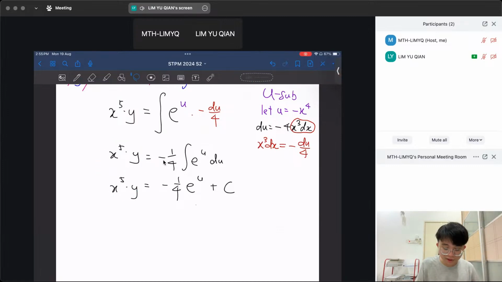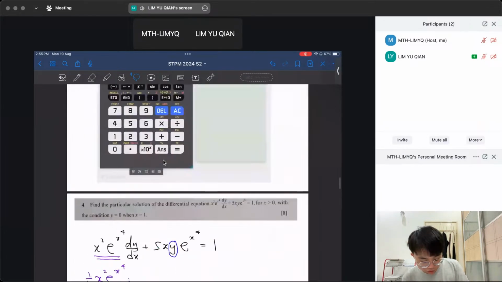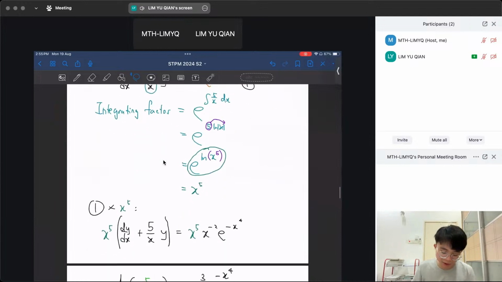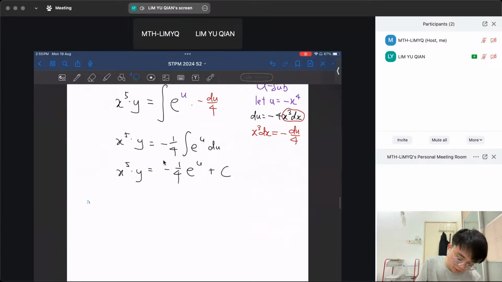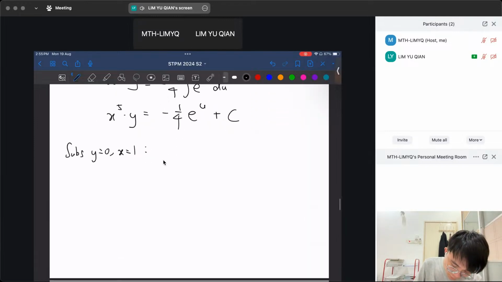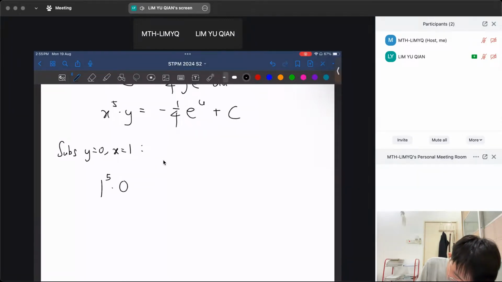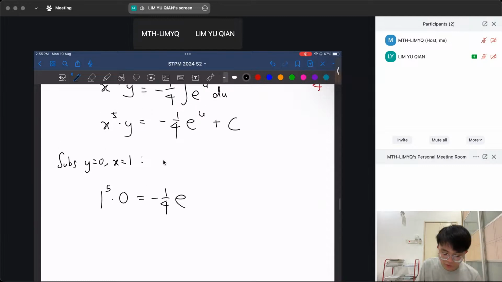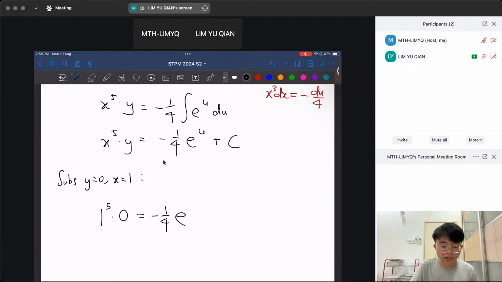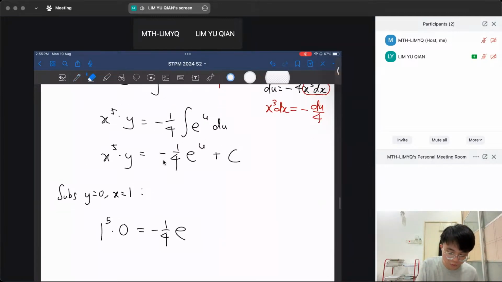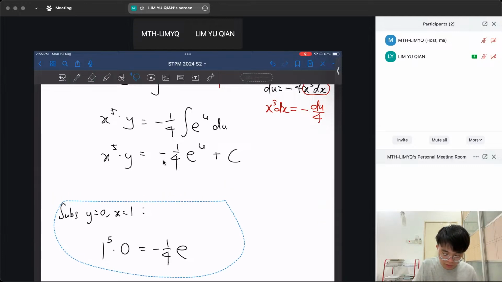From here let's find the value of c for the particular solution. Let's substitute the initial condition y equals 0, x equals 1. Sorry, my bad, I haven't written u back. The u must change back to x first, otherwise I cannot continue.